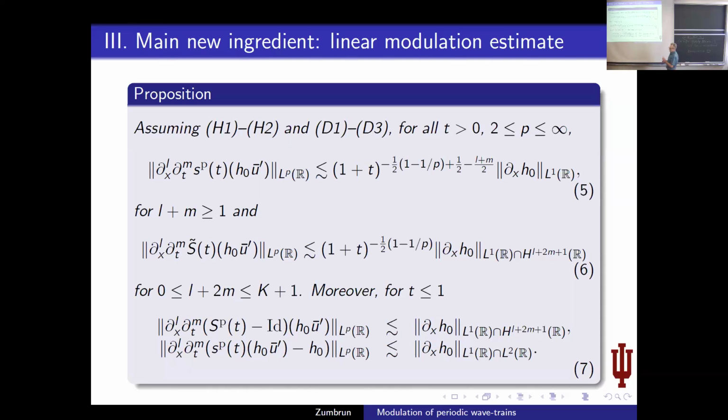Only the first one is helpful, and the others don't hurt. That's the idea. And here I assumed the space plus time derivatives have to be at least one together. This is the key assumption. Otherwise, I have nothing to pass through.